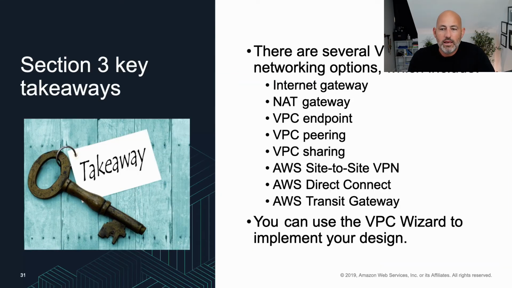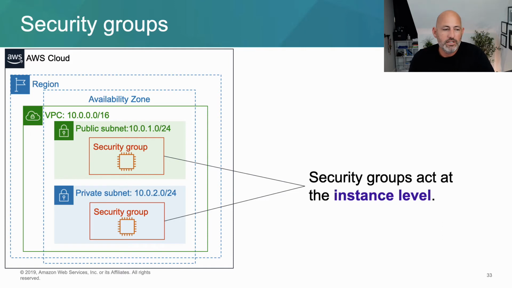Okay, so let's get into VPC security a little bit. A security group is a virtual firewall for your instances, and you'll see this come up all the time when you're launching instances. Security groups act at the instance level, though not the subnet level, so each instance in a subnet can be assigned to different sets of security groups.